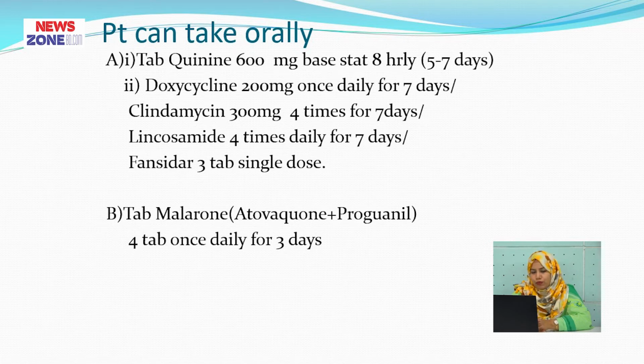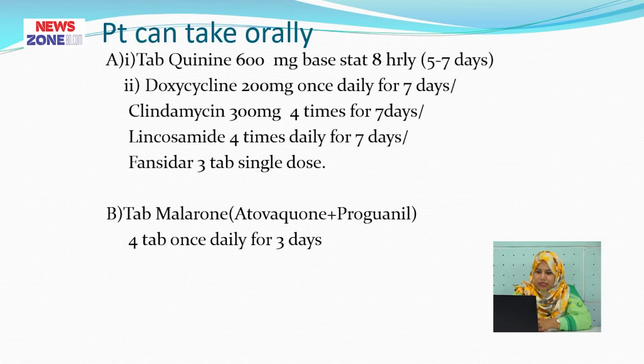Tablet quinine 600 mg base stat, 8 hourly for 5 to 7 days. And then tablet doxycycline 200 mg once daily for 7 days, or clindamycin 300 mg 4 times for 7 days, or lincosamide 4 times daily for 7 days, or Fansidar 3 tablets single dose.